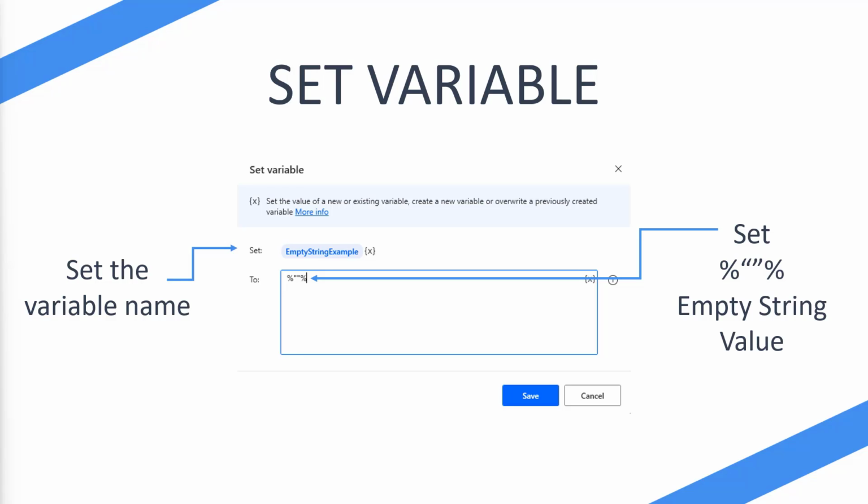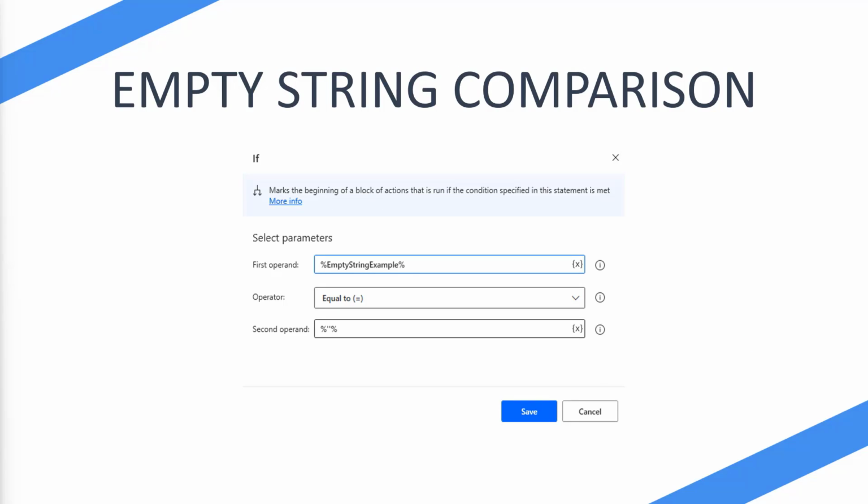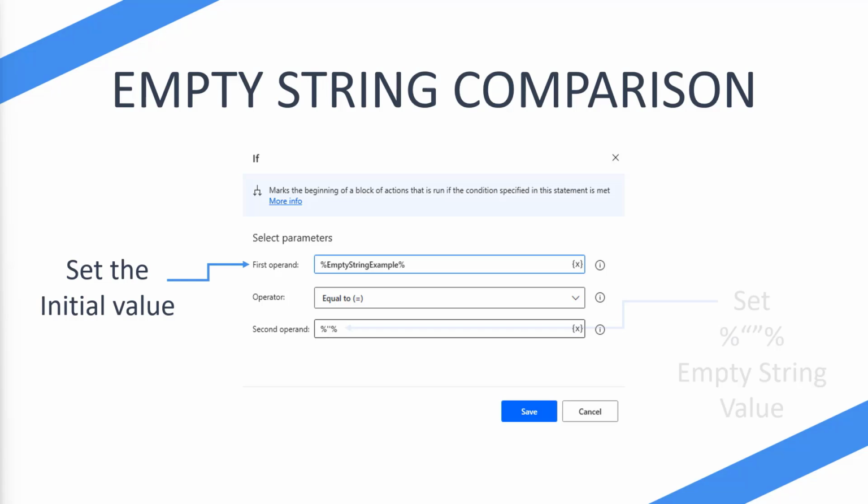So how does this work on something else then? Let's have a look at an if statement. Now in this if statement, we are essentially setting an initial value of the empty string. So we know that we've got an empty string and we're checking to see if it is actually an empty string. So on the second operand, we are essentially pasting in our percent sign, two quotation marks and the percent sign, and we're looking at passing the empty string value again.